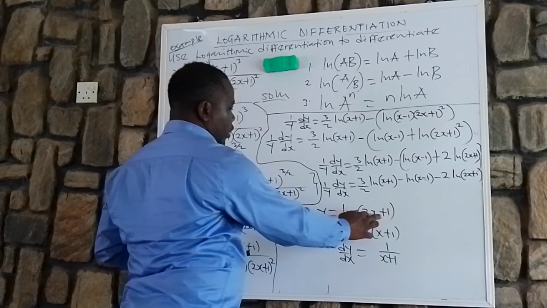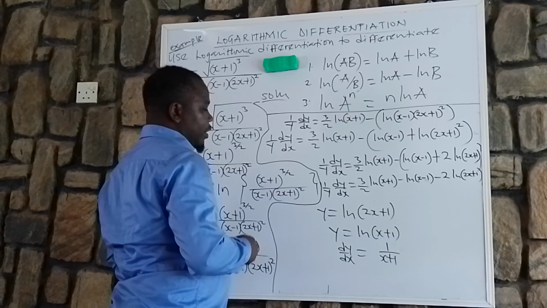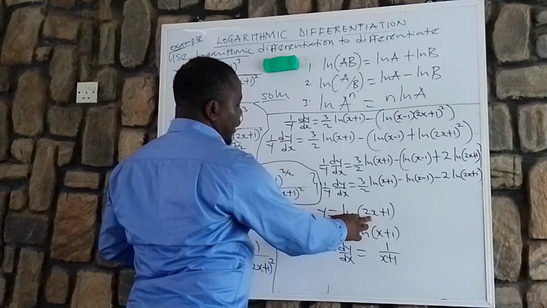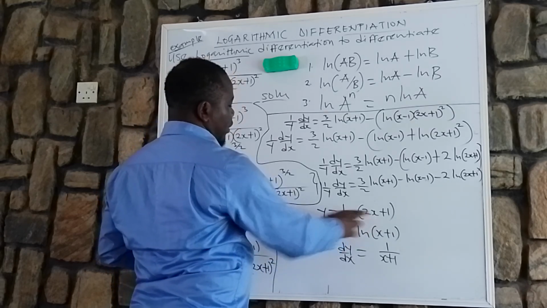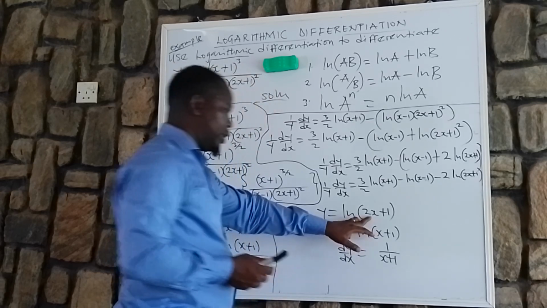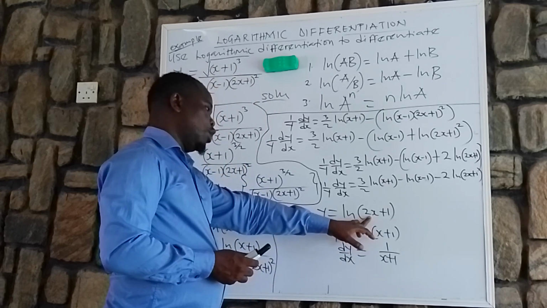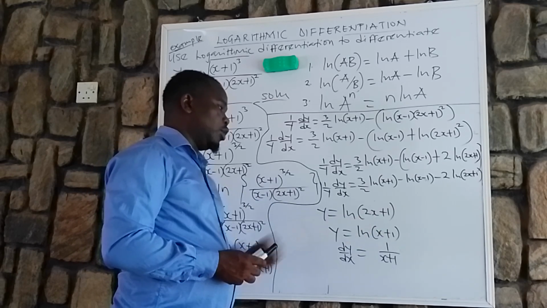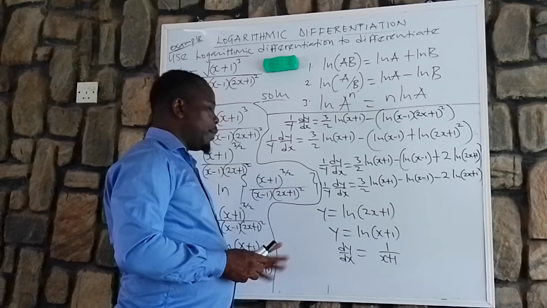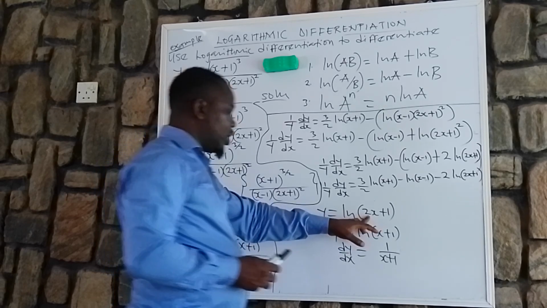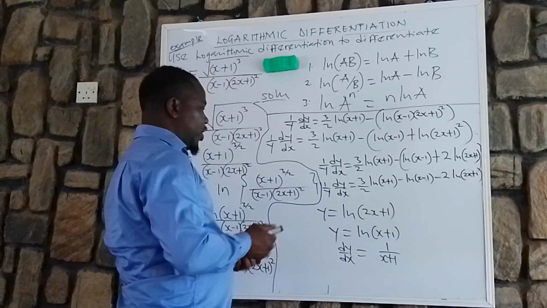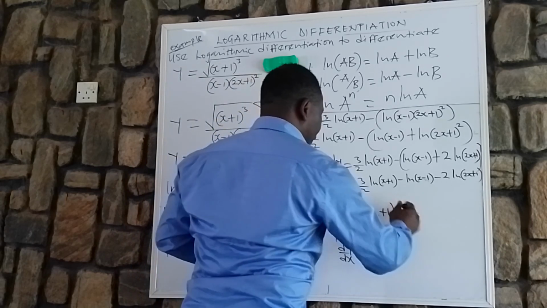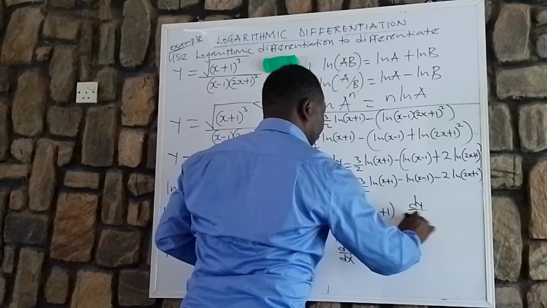But here, look at this function. We have ln(2x plus 1). For the fact that x has a coefficient here, which is 2, it means you are going to use what is called the chain rule or substitution. But if you don't want to use the chain rule, we can differentiate it directly to give us dy over dx.